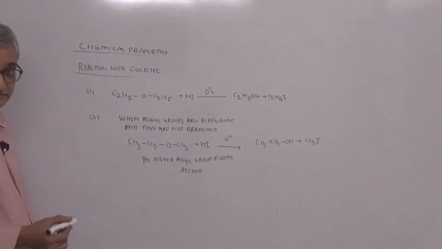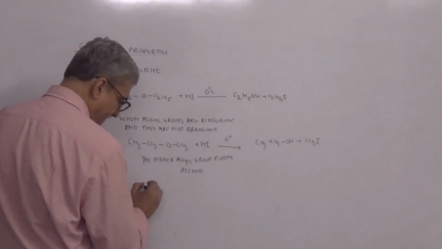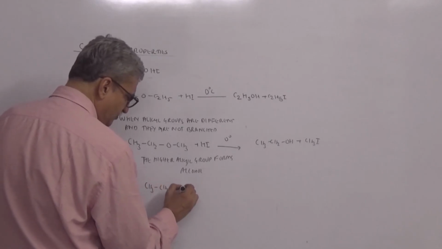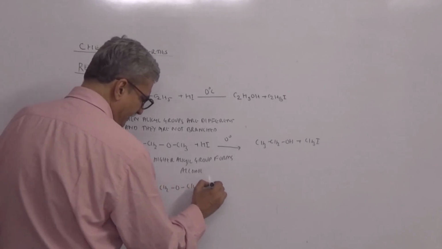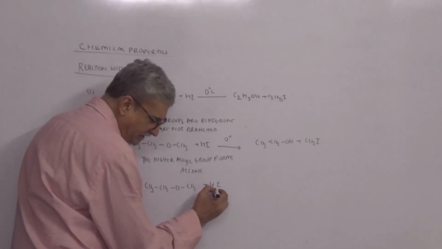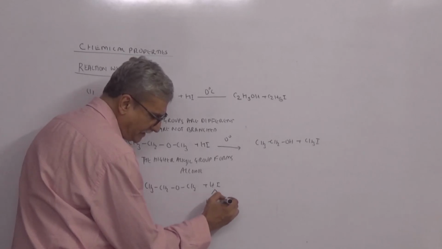Okay, why? Let's answer that. Because what happens is, look, you have CH3CH2OCH3. This HI splits to form what? HI splits to form H plus and I minus.